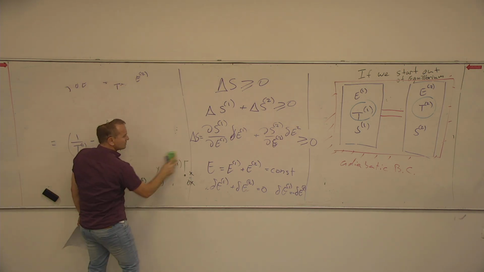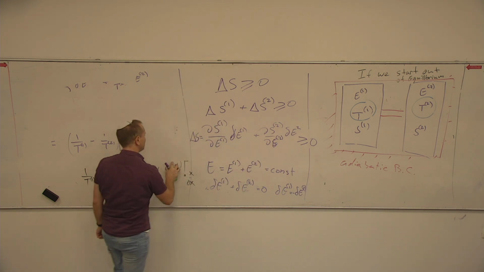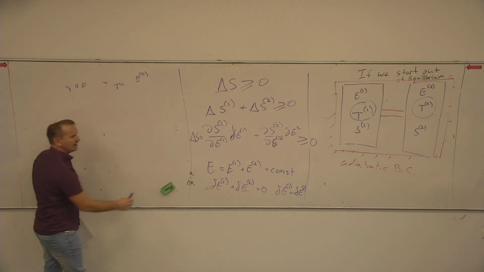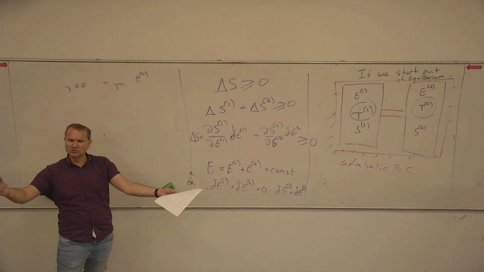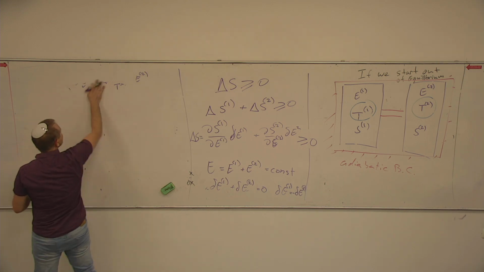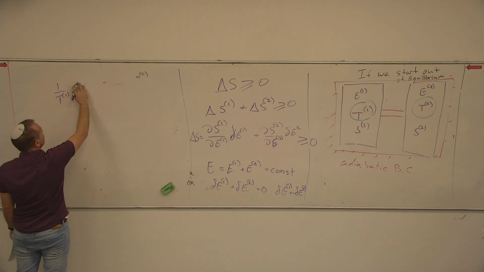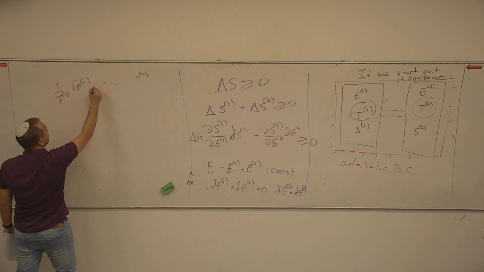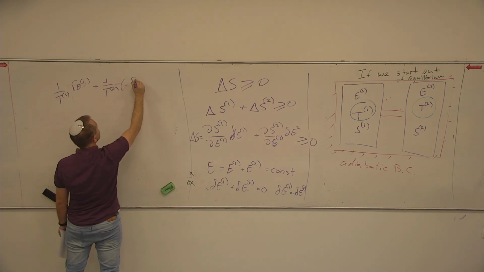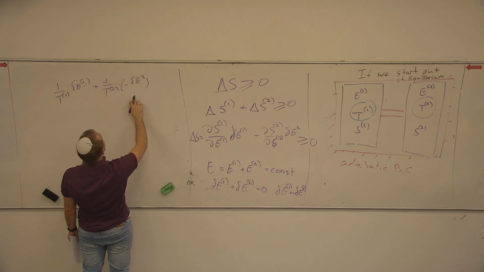The same trick applies. This is 1 over temperature. This is 1 over temperature. See, the only thing that I've done is play with whether entropy is larger than 0 or smaller than 0. So what we obtain here is 1 over T1 delta E1 plus 1 over T2 times minus delta E2, which is minus delta E1.